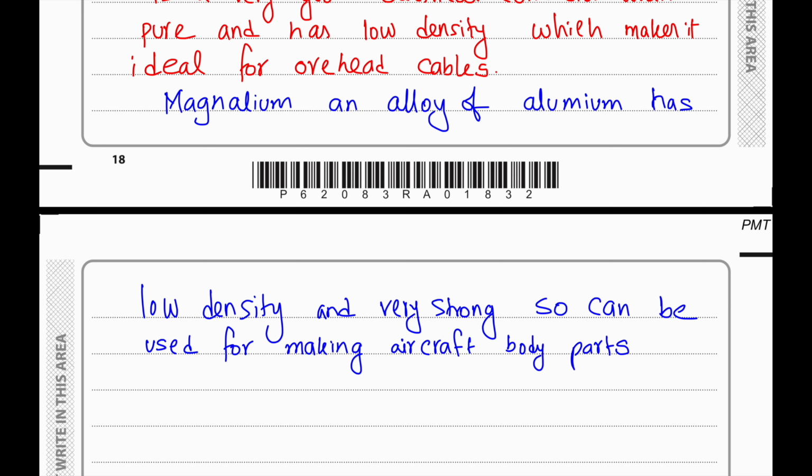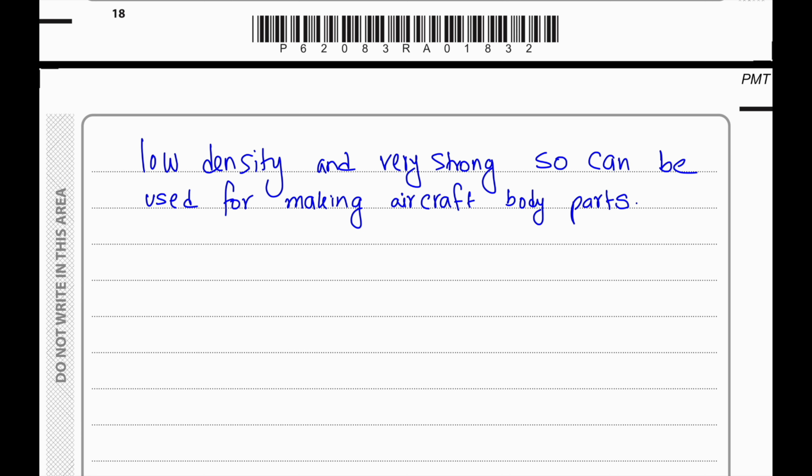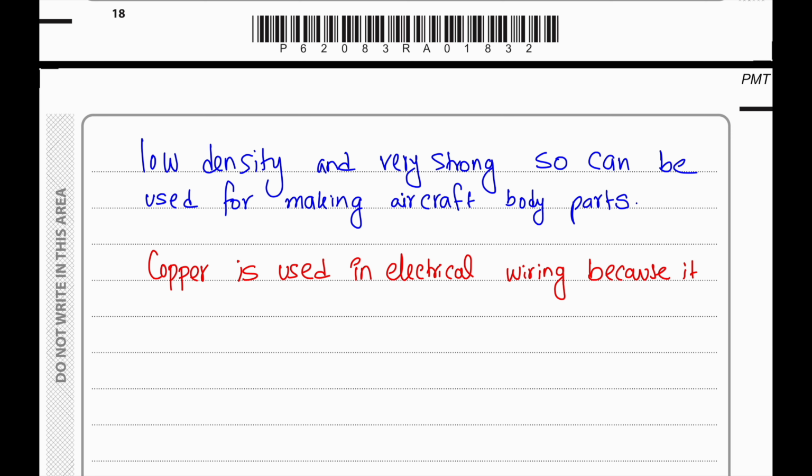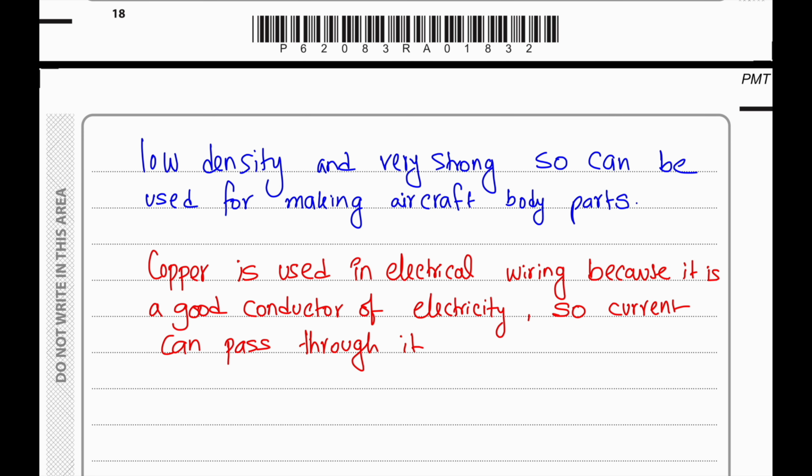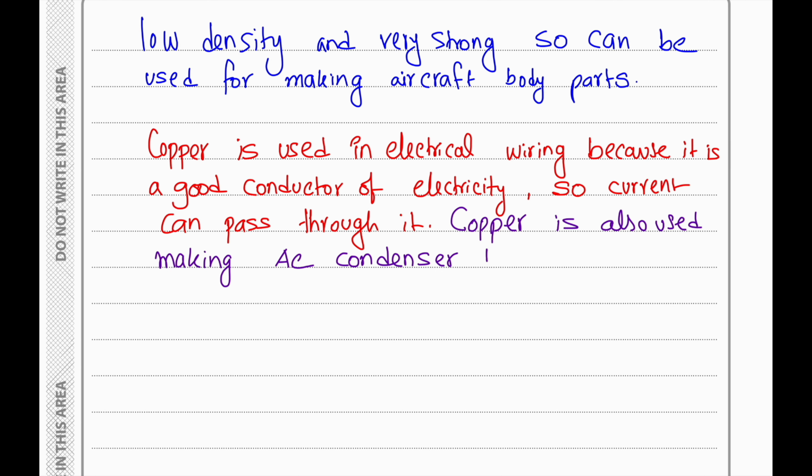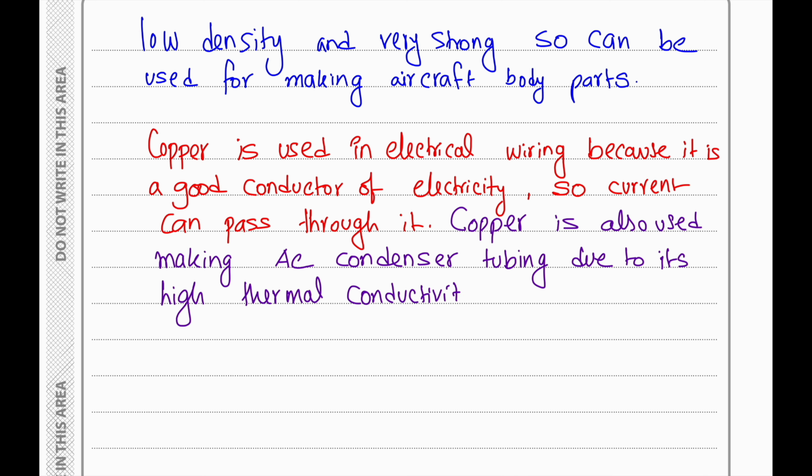Copper, on the other hand, is used in electrical wiring because it's a good conductor of electricity, so current can pass through it easily. Copper is also used in making AC condenser tubing due to its high thermal conductivity and unreactivity when exposed to elements.